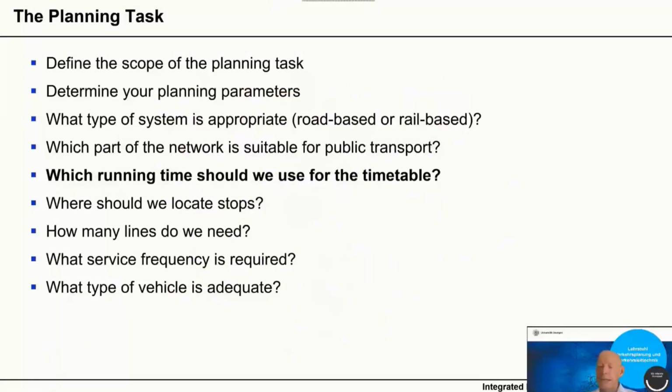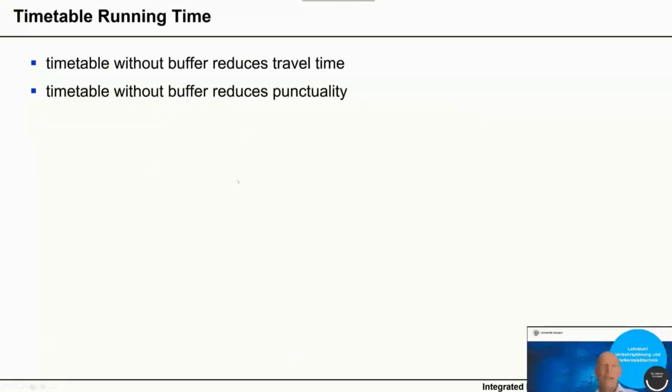Before we start building line routes and timetables, we need to identify running times. And if we want to provide quick travel, then we should not add buffer time. So you measure a required travel time or running time. And then the question is, do we add buffer time or not? If we do not add buffer time, we can travel faster.